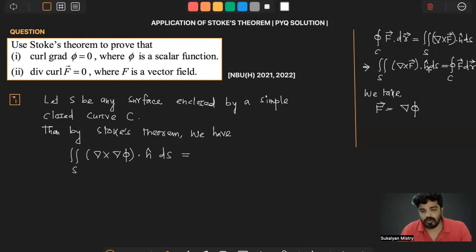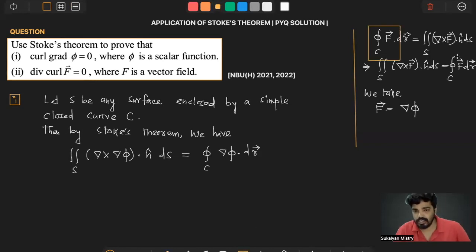So that equal to integration over C f dot dr. What is f? We take f is equal to del phi. So del phi dot dr. I think up to this clear. So this is the Stokes theorem. So note down this.